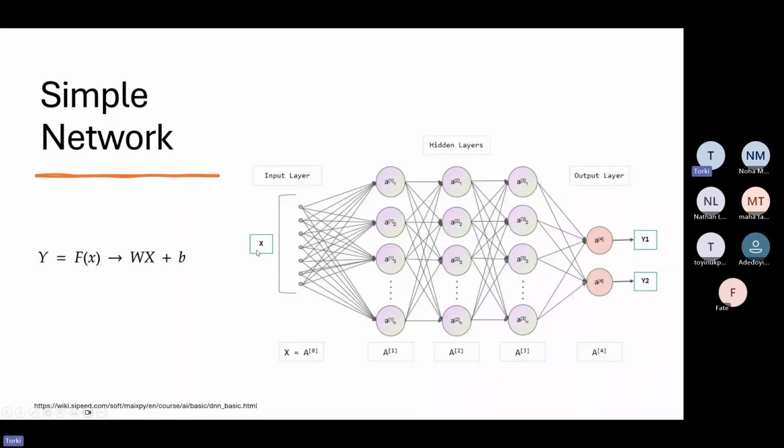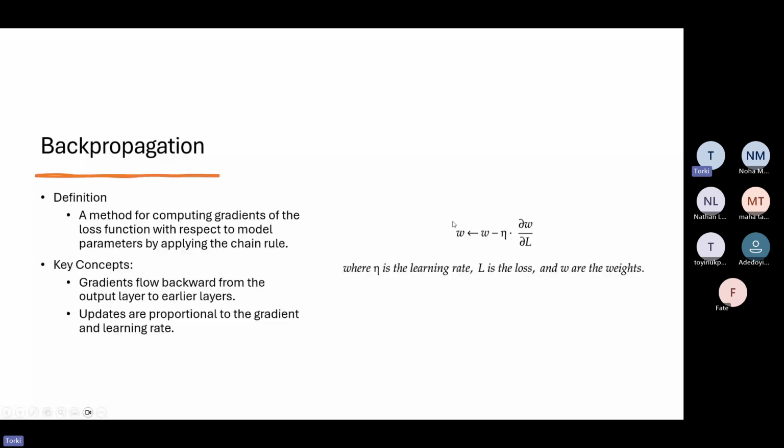From this X it computes Y1 hat and Y2 hat, the predictions. If these predictions are close to Y1 and Y2, then we are happy. If they are not close, we have high loss, then every arrow, every weight, should be updated. How do we compute this update? Using the back propagation algorithm. So back propagation updates the weights according to the derivatives, as you can see.